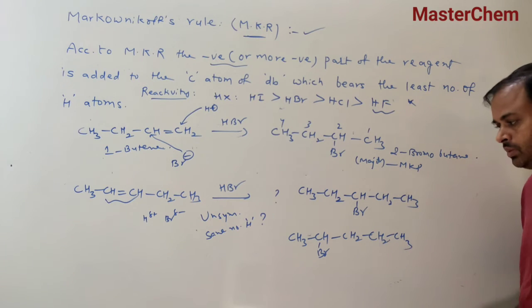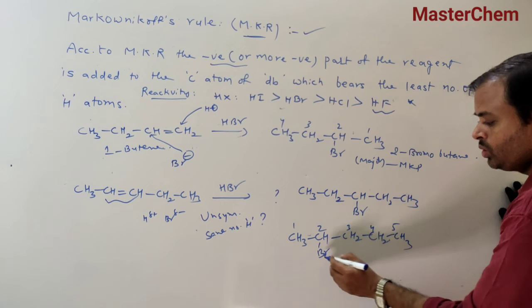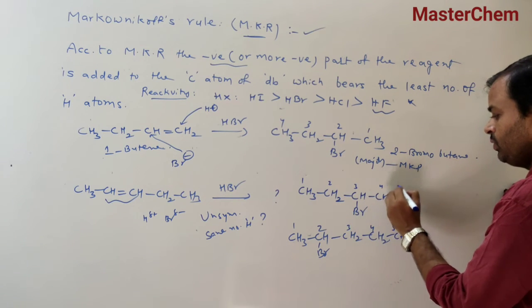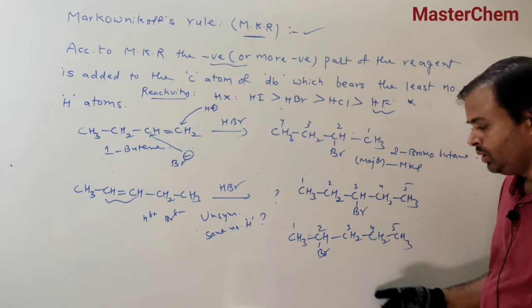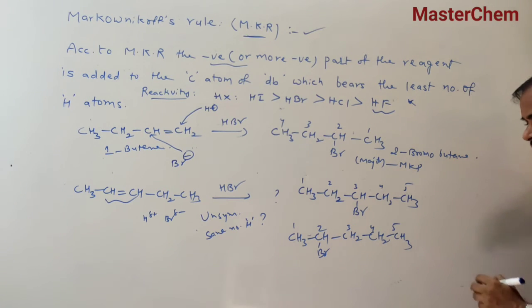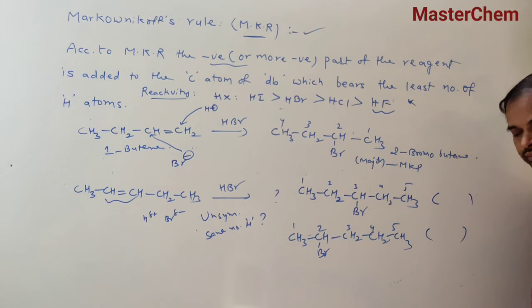So two products are formed: 2-bromopentane and 3-bromopentane. Which is major and which is minor?